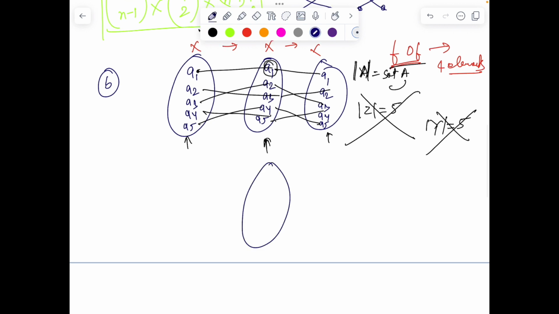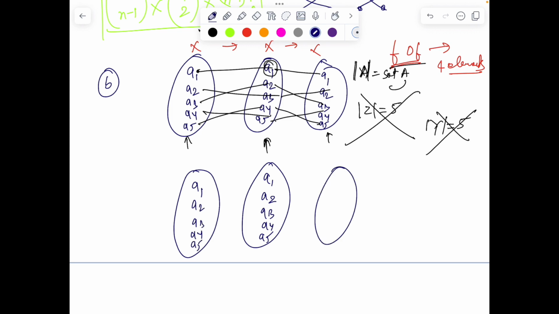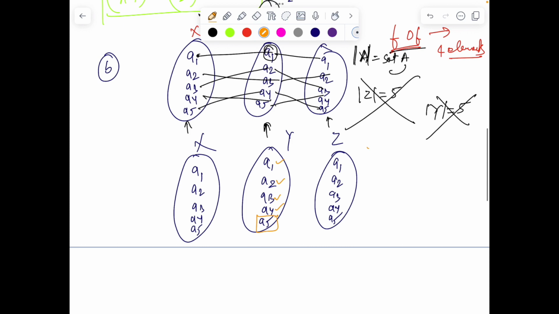Okay, so what are the other possibilities? Of course the next possibility is if the second set y contains exactly 4 elements. So now if it contains 4 elements, let's say 1, 2, 3, 4, and 5 is left.